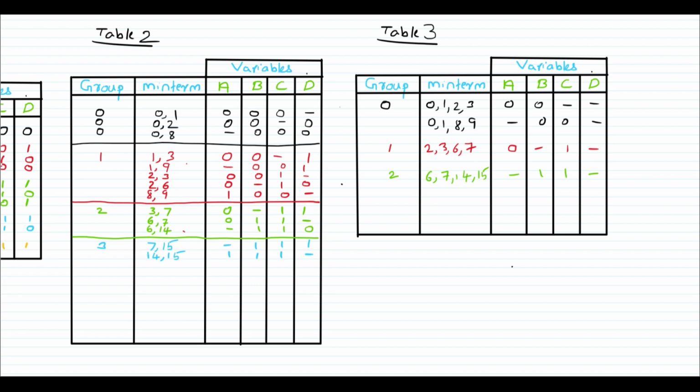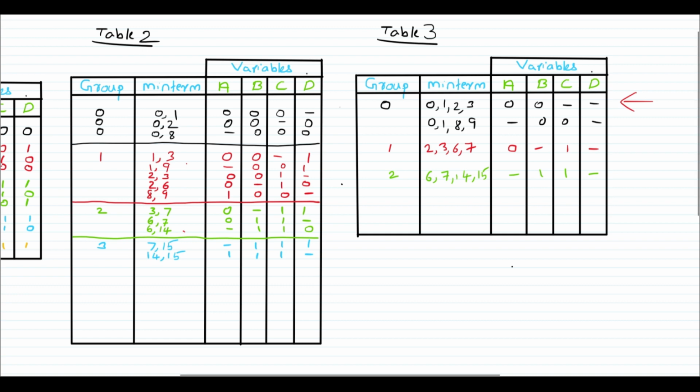Now we have to consider the next table and check whether grouping is possible. First, we check group 0 with group 1, that is 0, 1, 2, 3.